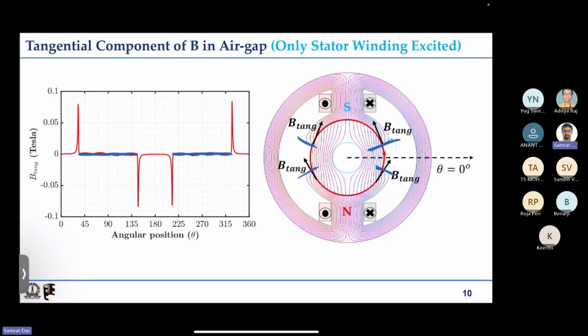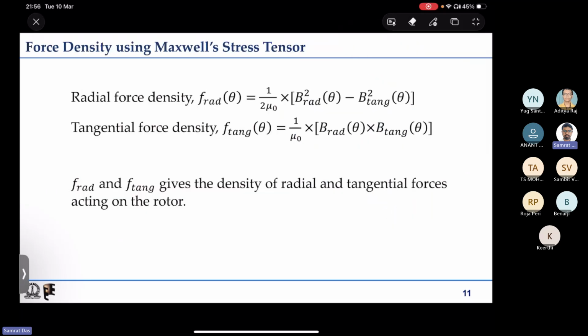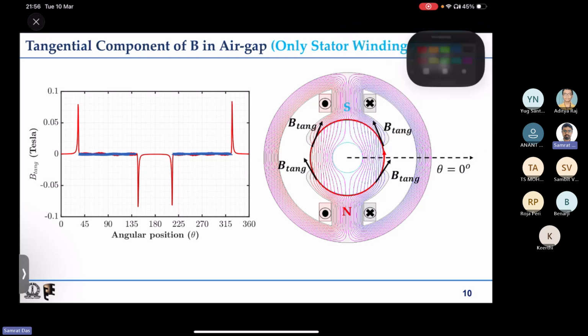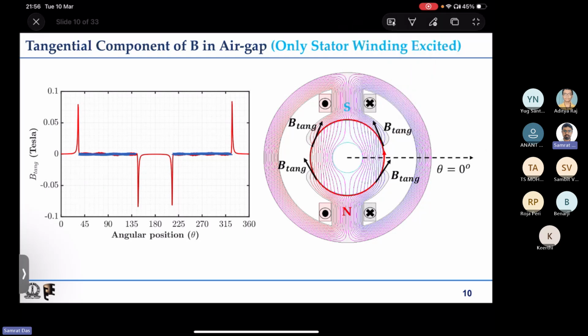And what about the direction? What about the signs? Basically, if I try to indicate flux lines, say a flux line is coming like this, it has to enter the pole, and it will go somewhat like this, right?